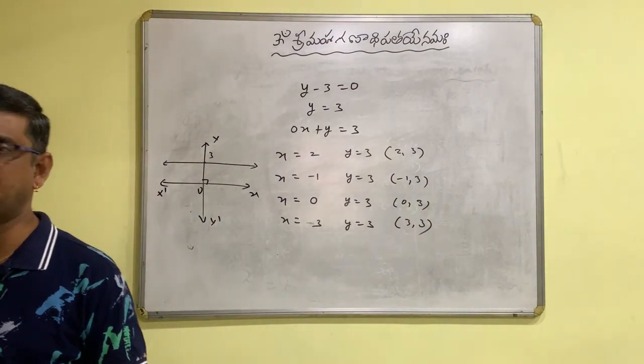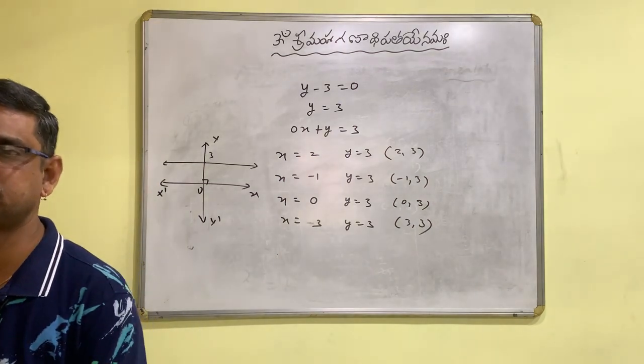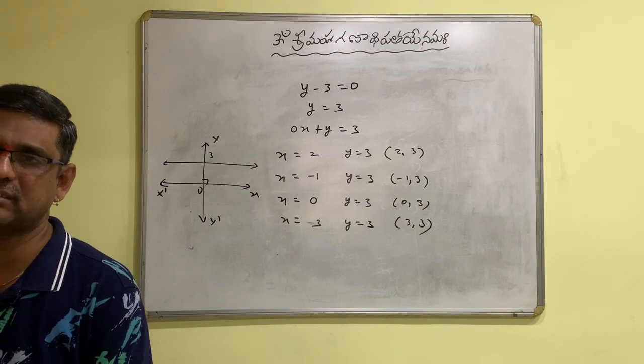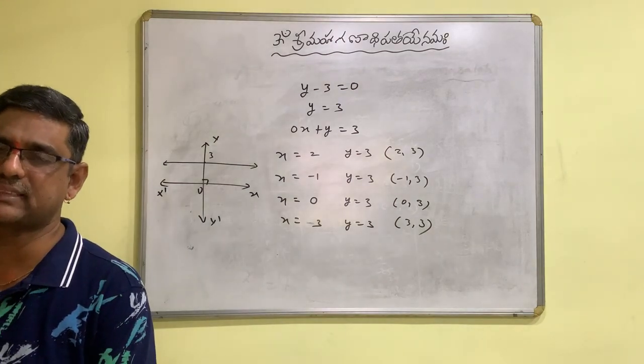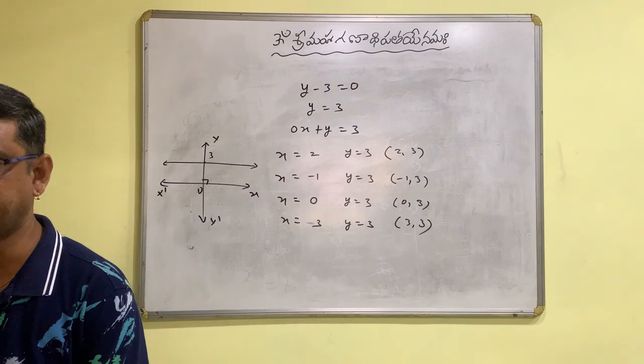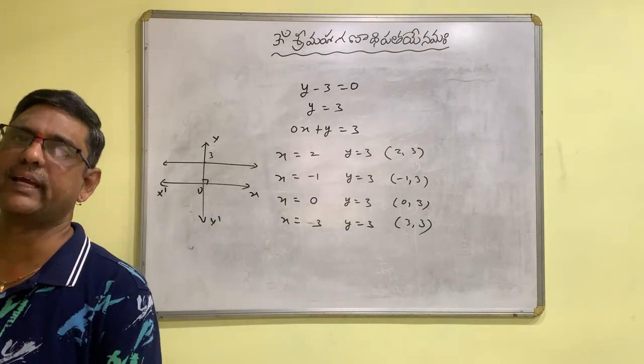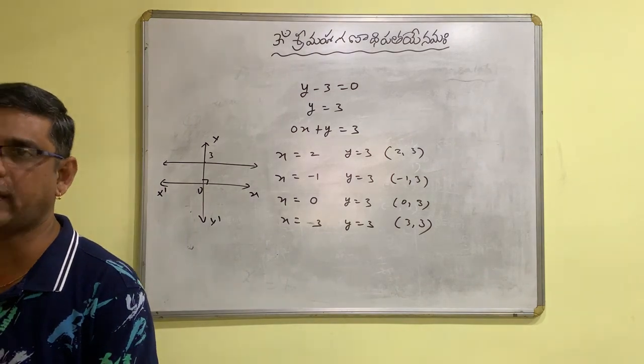A straight line parallel to x-axis. Correct. Above the x-axis. Upward, that means above the x-axis. Right. Good, children.